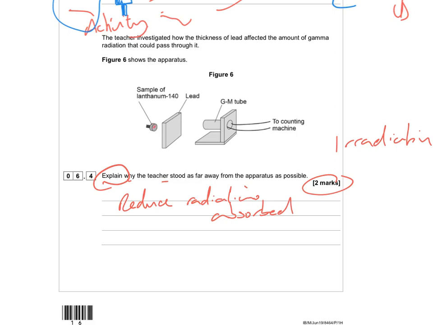Contamination is when you get a bit of that radioactive material actually on you. So we've said initially that it reduced radiation absorbed, so we've got 1 point. Second point, we've got to explain why they've done that, and that's because it causes cancer or genetic mutations. Technically, you would say it increases the risk rather than causes straight cancer.